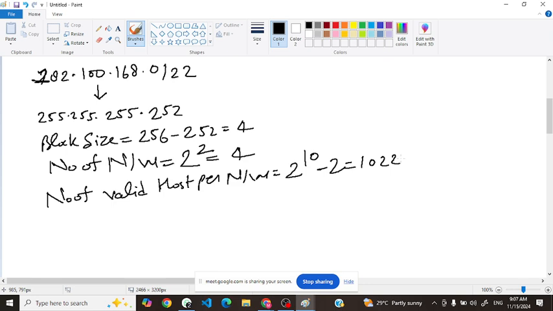Is it the same for you, Lakshman and Subhajit? Sir, the subnet mask is wrong. 255.255.252.0 is the subnet mask.